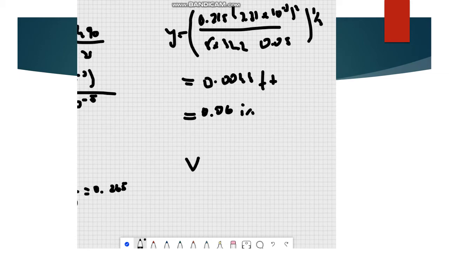Okay, let's calculate the velocity. We know that v multiplied by y is q0, so v is q0 over y.